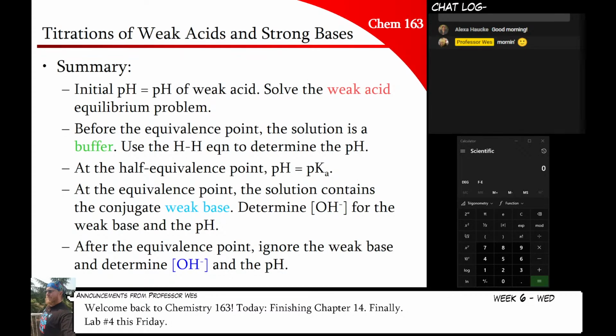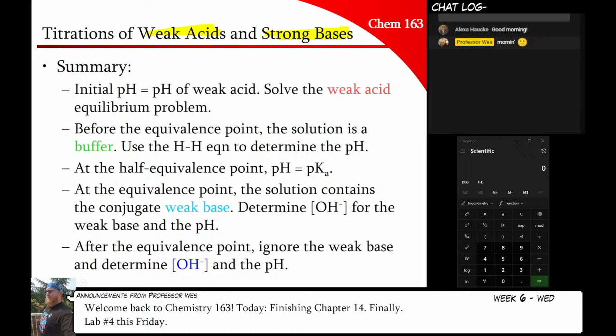So for this slide, this problem is in the perspective of the weak acid being titrated with a strong base. If we were titrating a weak base with a strong acid, a lot of this would get flipped around in a way. So the initial pH would not be the pH of a weak acid, it'd be the weak base. But for a weak acid being titrated with a strong base that we're adding, the initial pH is just a weak acid.